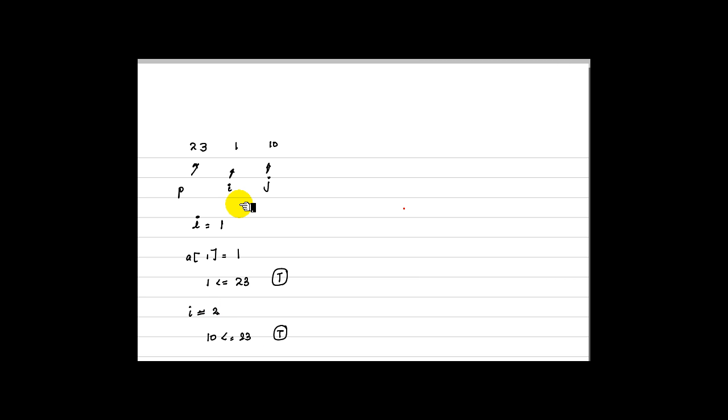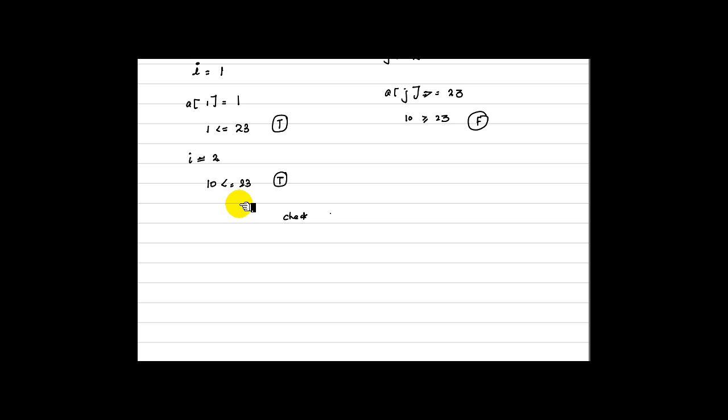So now it moves on to the j loop. In the next while loop, j is equal to 2. It checks whether a of j is greater than or equal to 23. The value of a of j is 10. Is 10 greater than or equal to 23? No, it is false. So it checks the if condition: if i is less than j, is 2 less than 2?